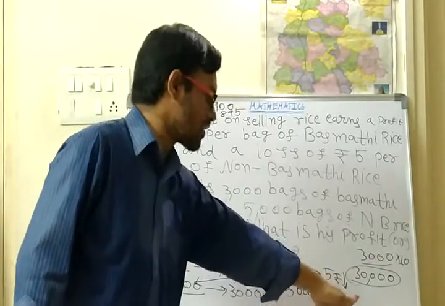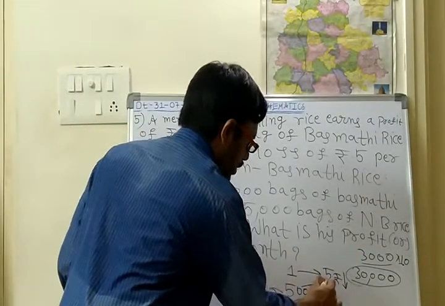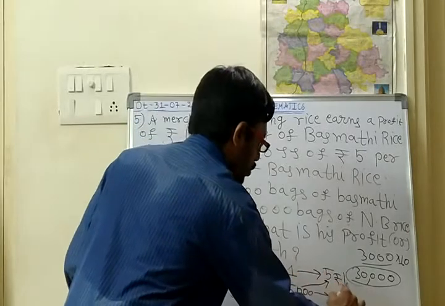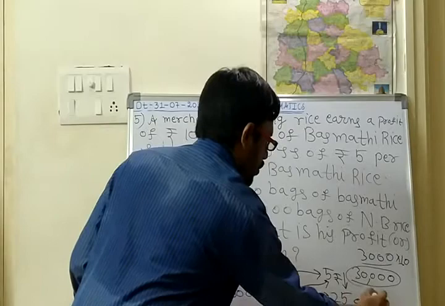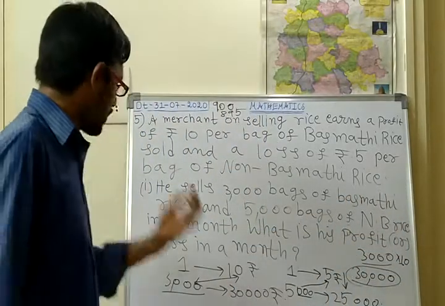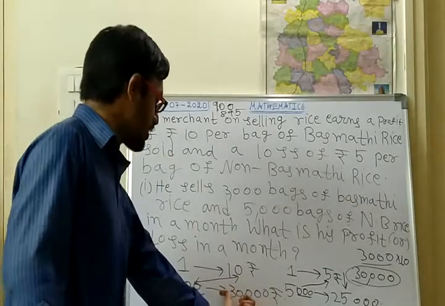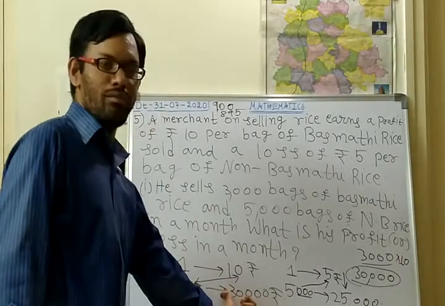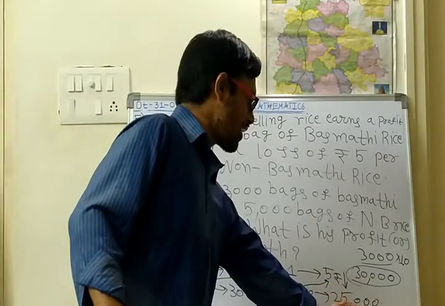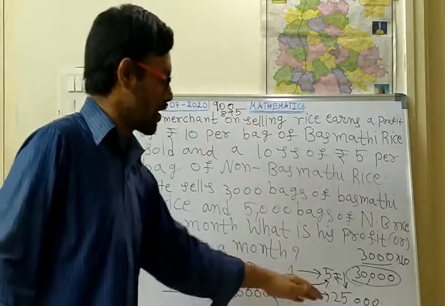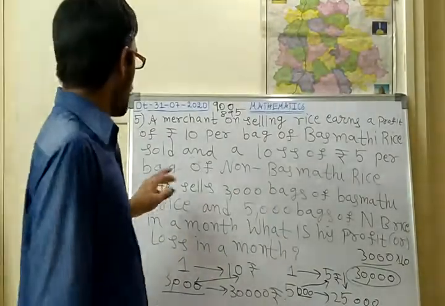So how much money did he lose? 5000 into 5. 5 fives are 25, and three zeros: 25,000. Like this you have to do. So for basmati rice he got 30,000 extra money, and for non-basmati rice he lost 25,000 rupees. Okay, so what is the question?